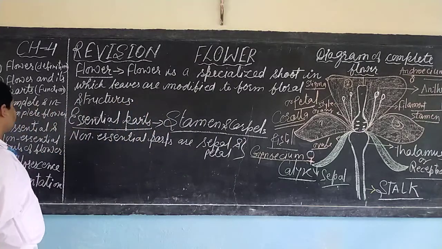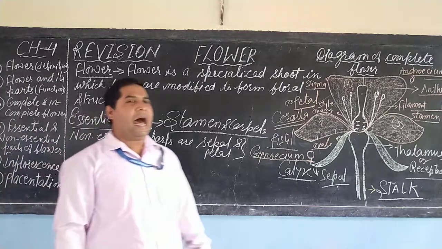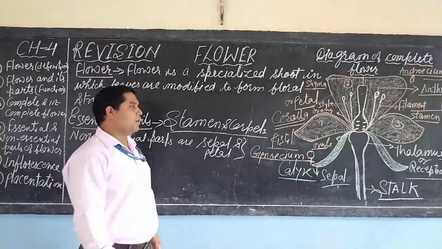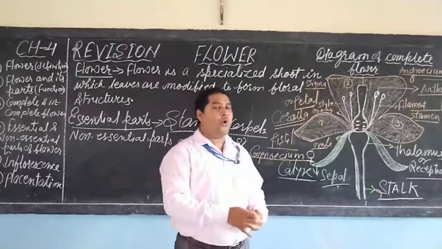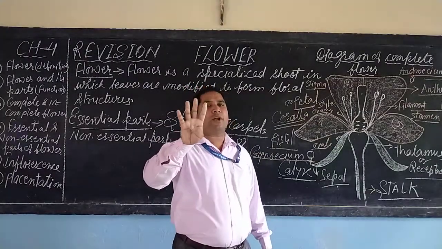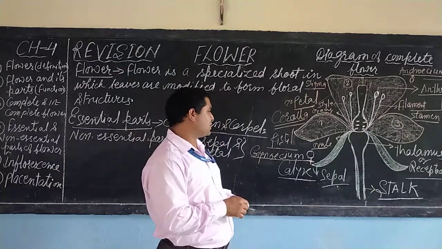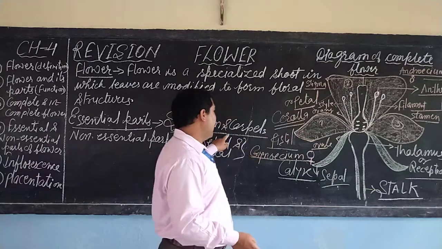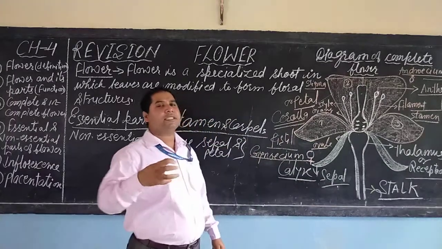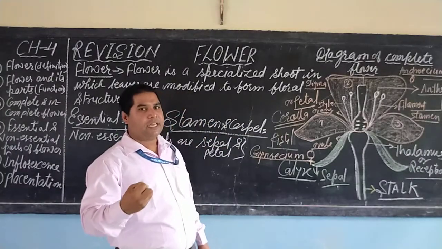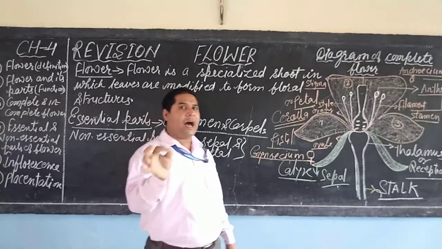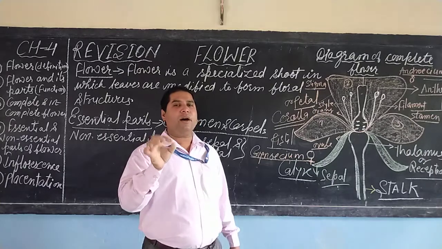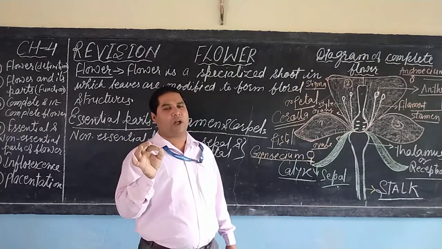Next you see complete flower and incomplete flower. What do you mean by the complete flower? The flower which consists of all the four floral structures, means sepal, petal, stamen and carpel, is known as complete flower, and among that if any part is missing in the flower, it is known as incomplete flower.